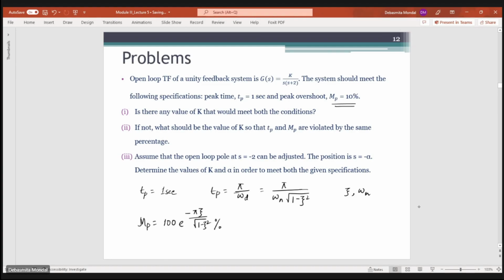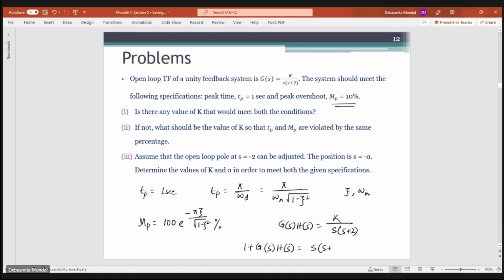So once you find the value of zeta, then you can find out the value of k in order to satisfy this parameter. How will you find that? If you have been given G(s) H(s) equals k by s into s plus 2, then the characteristic equation will be 1 plus G(s) H(s) equals 0.